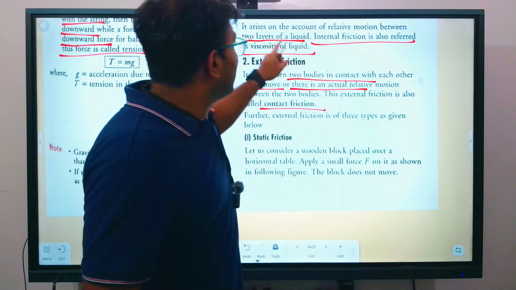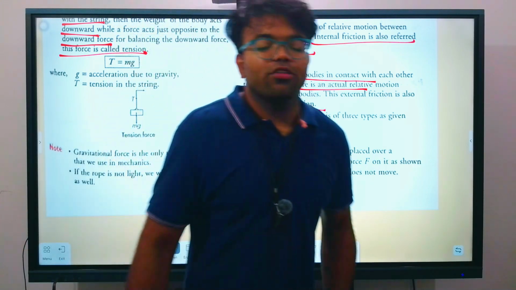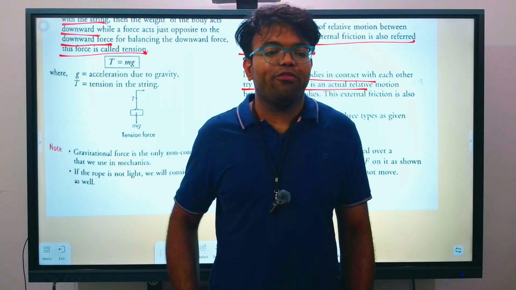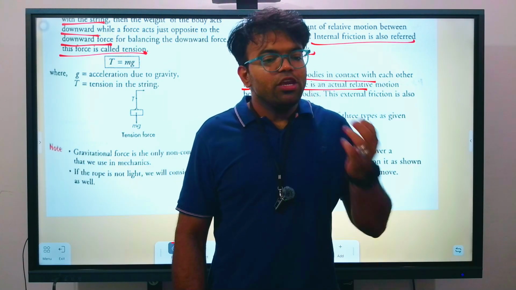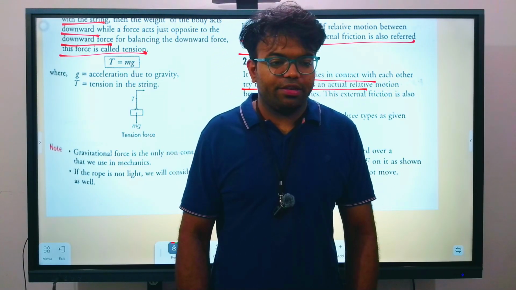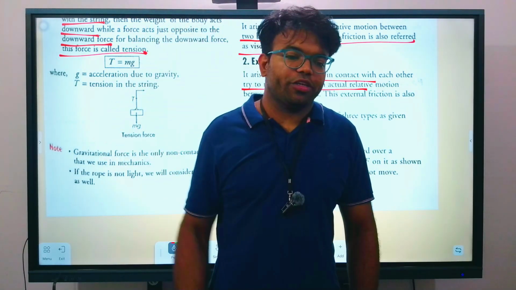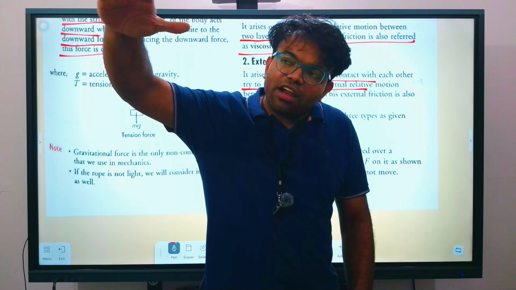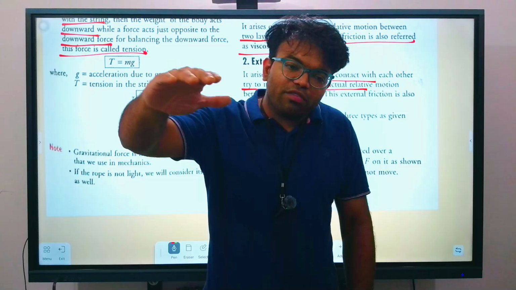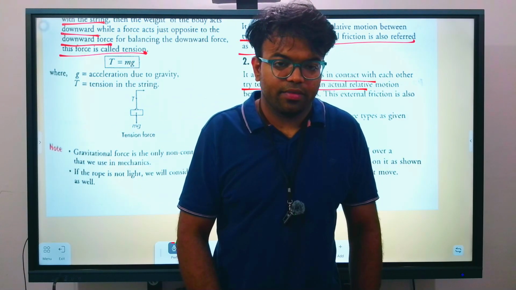You mean internal and external friction? Yeah. So in internal friction, what happens? Have you ever seen honey flow? You take a small plate, you put a drop of honey on top of it, and you observe its motion. The topmost layer of the honey will flow the fastest, whereas the bottommost layer of the honey flows the slowest.